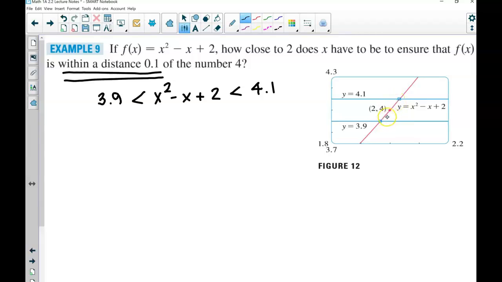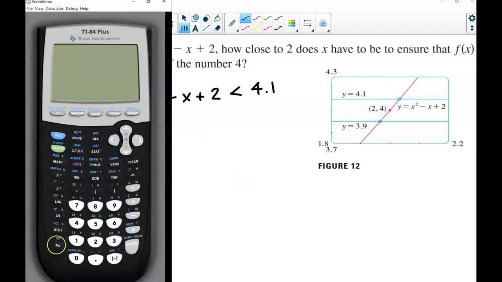And then with the cursor, we can estimate that the x-coordinate of the point of intersection of the line y equals 3.9 and the curve y equals x squared minus x plus 2 is about 1.966. And then similarly, the curve intersects the line y equals 4.1 when x is approximately 2.003. So let's take a look at that on our graphing calculator.